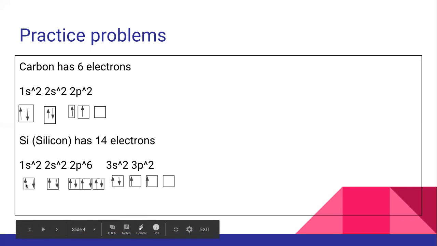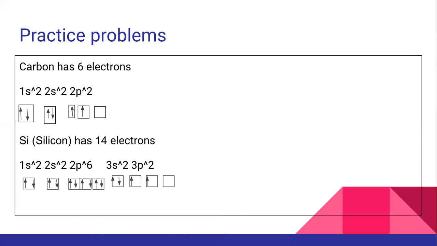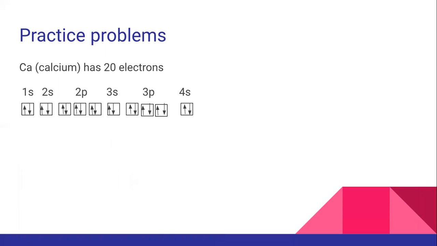This is for the orbital diagram: 1 up, 1 down for each full orbital. And then since there's only 2 left over, no need for the up and down in the first and second box. Spread them out, give them some space, and then you have 2 left over there. Pretty simple concept. It's actually very easy.